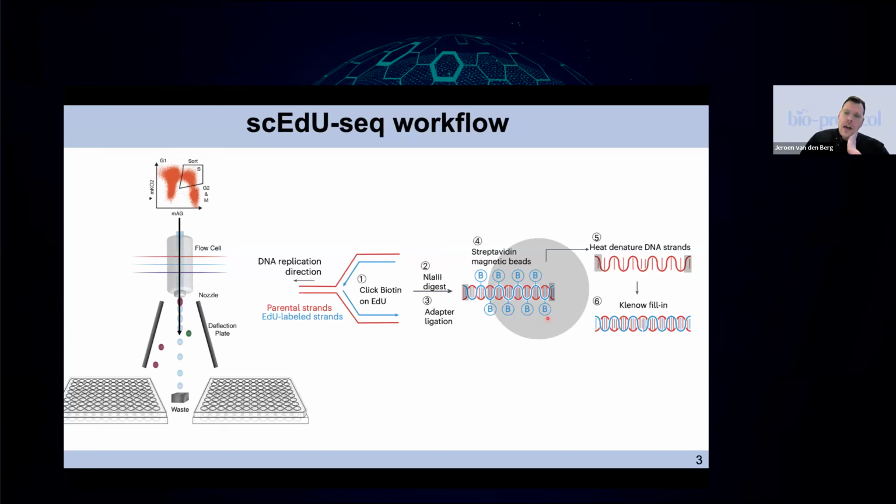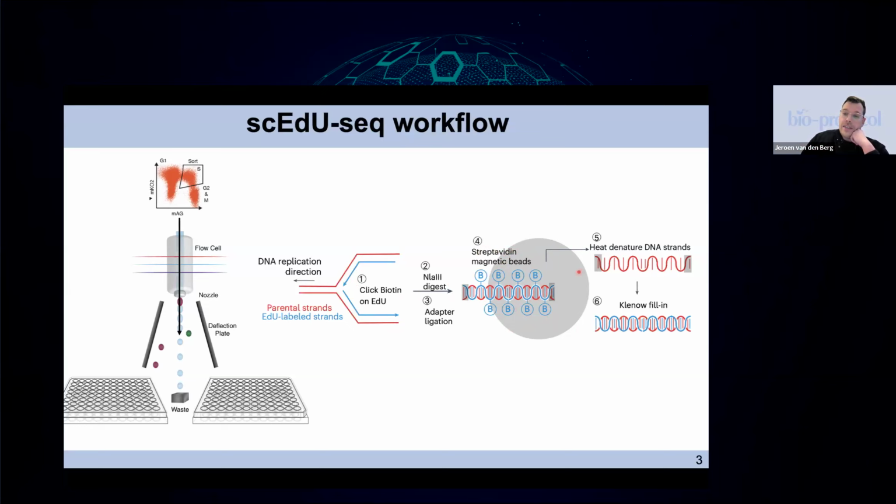After that, we take all the reaction volumes from these 384 wells, we put them together, and then we perform a magnetic bead separation with streptavidin. And as you might know, streptavidin binds to biotin. So now we specifically pull out only the pieces of the genome that have been replicated once we've added EDU.